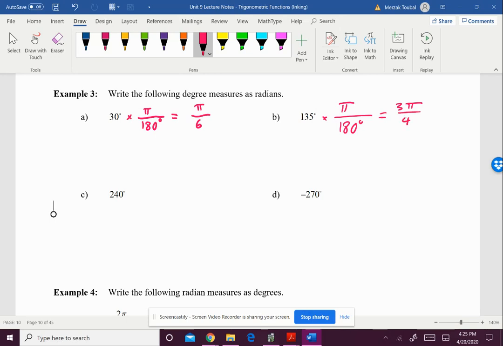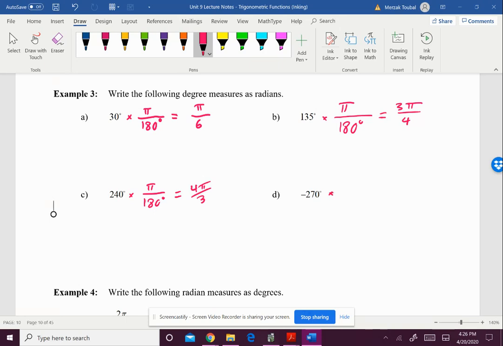Let's do now the 240, which is example C, times pi radian over 180 degrees. So 240 over 180 simplifies to 4 over 3. So 4 pi over 3 radians. And then example D, negative 270.